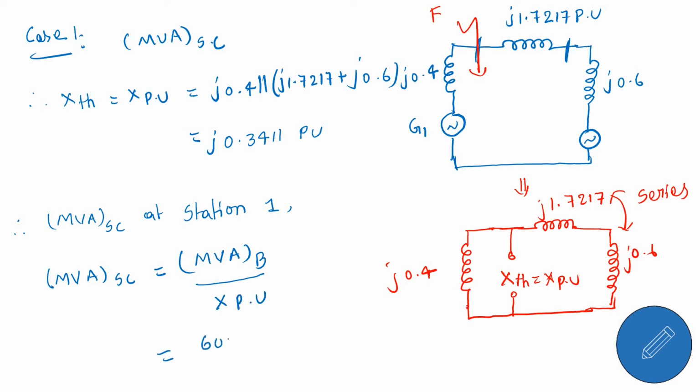That is 600 divided by J0.3411. That will give us 1759 MVA.